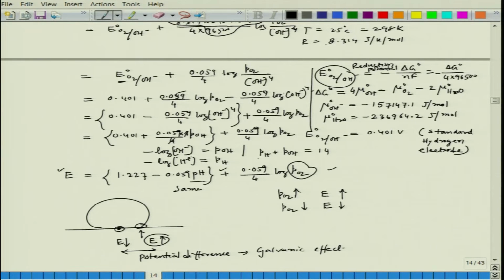Where would the electrons come from, because oxygen reduction takes 4 electrons per molecule of oxygen? The electrons will come from the dissolution of the metal, and will go there. So this portion would preferentially become the anode, and these two portions would preferentially become the cathode.